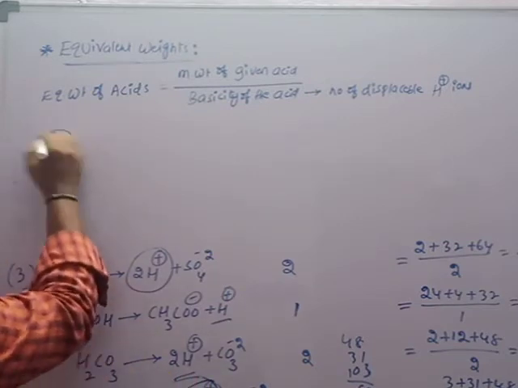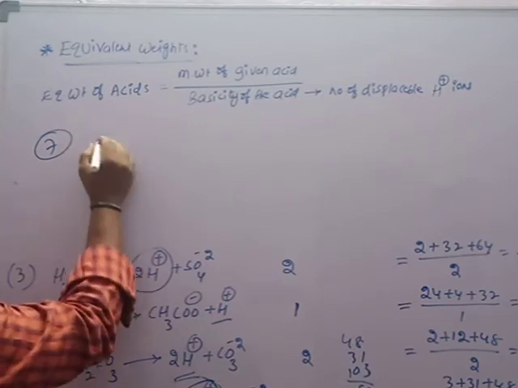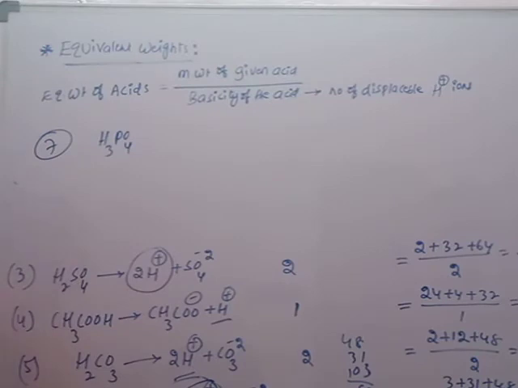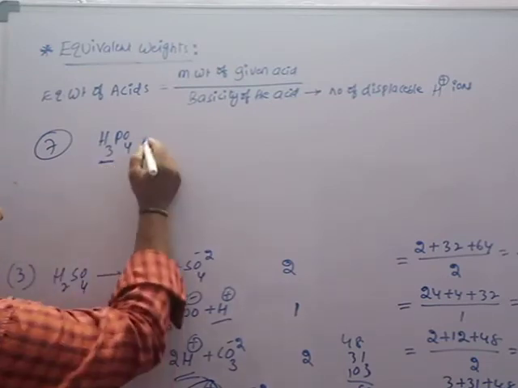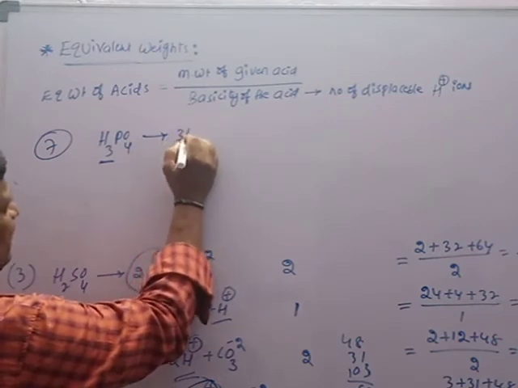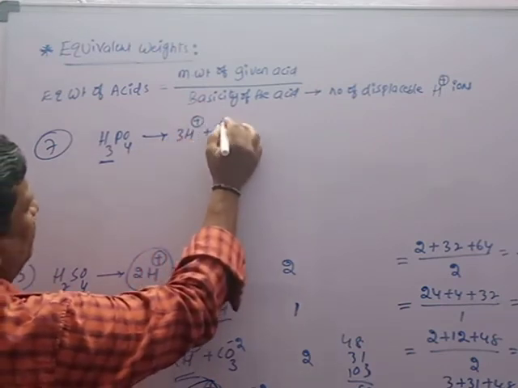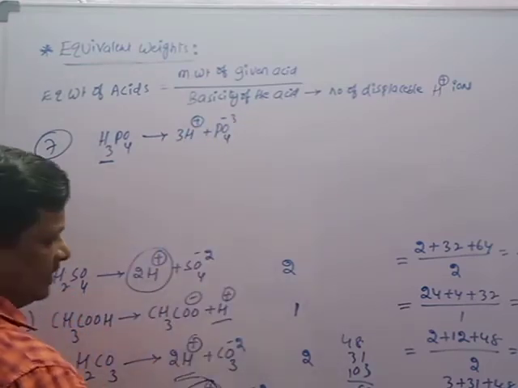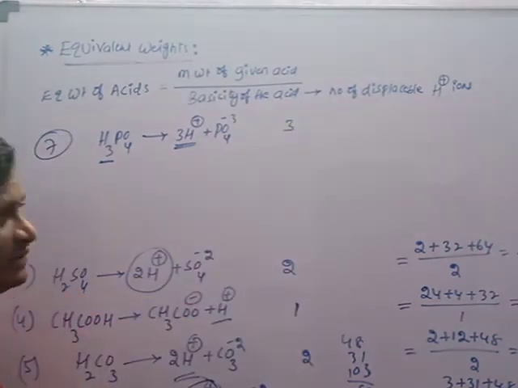Now the 7th example is H3PO4. It is phosphoric acid. In this phosphoric acid, 3 hydrogens are displaced. So 3H plus and PO4 minus 3. So now how much is the basicity? The basicity value is 3.